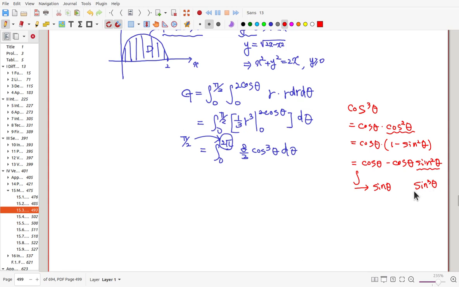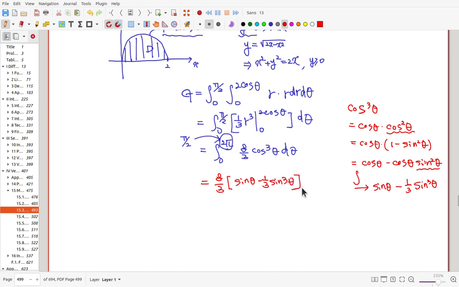The 3 appears extra, so we have to put here one third and this negation. That's the antiderivative. So 8 over 3, with the constant outside, times sine theta minus one third of sine cubed theta.